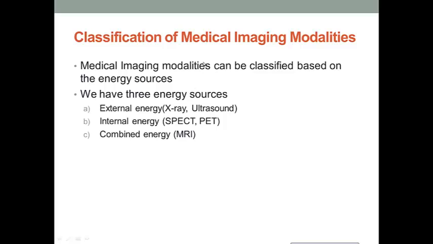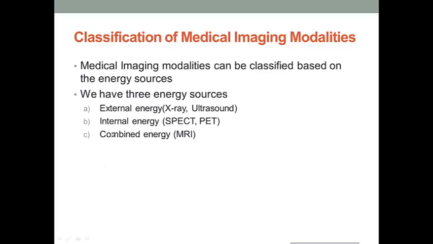Based on the energy sources used to perform the imaging, we can classify these medical image modalities into different types. We have 3 energy sources. For example, external energy, which means the energy to perform the imaging is mainly from outside.